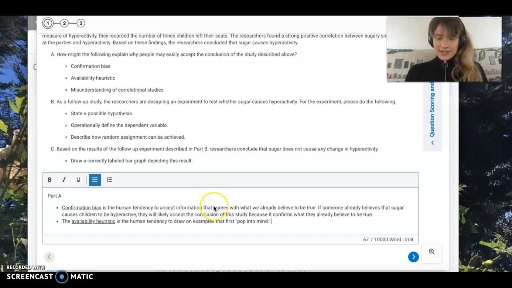Okay. So how might that cause someone to easily accept the conclusion of the study described above?